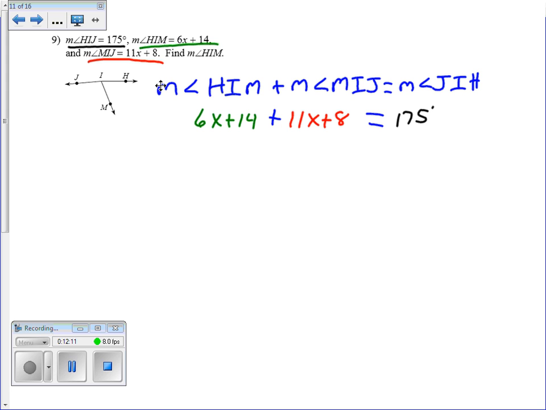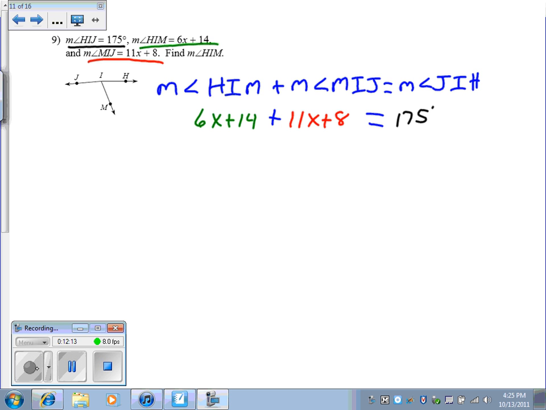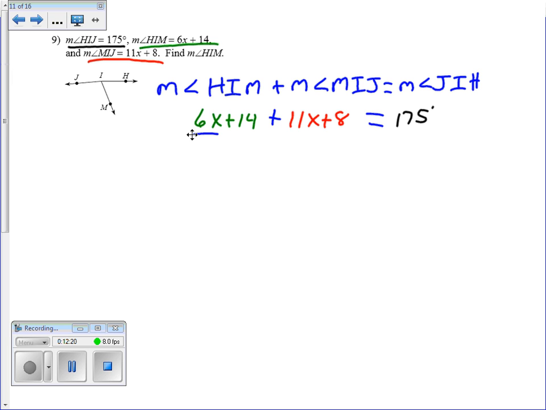Add like terms to the left. 6x plus 11x gives me 17x. Plus 14 plus 8 gives me plus 22 equals 175.